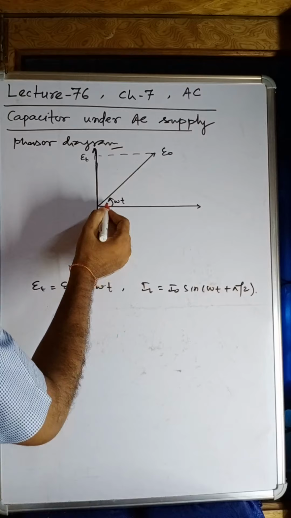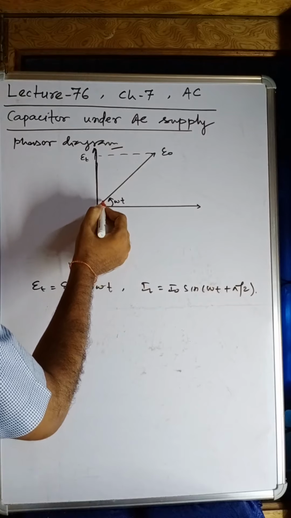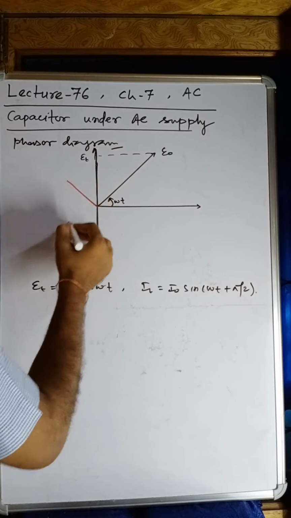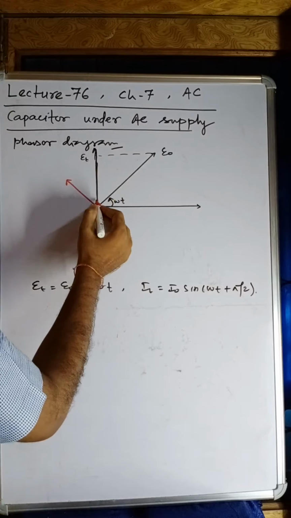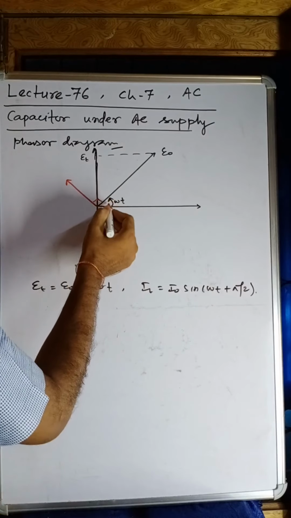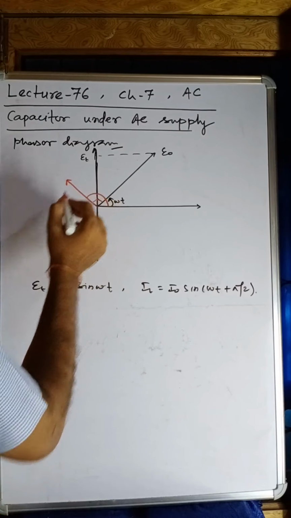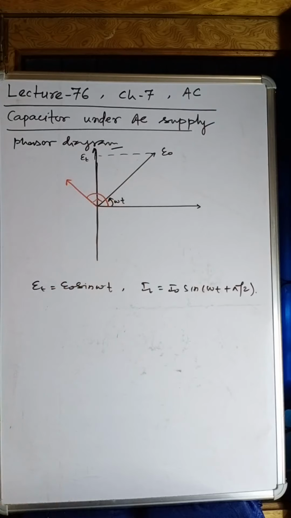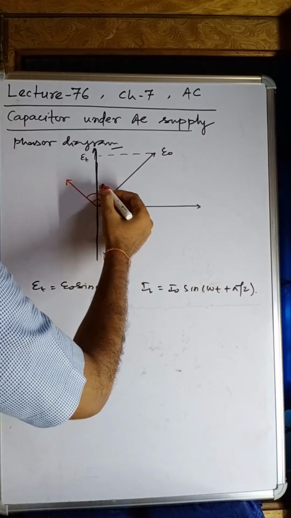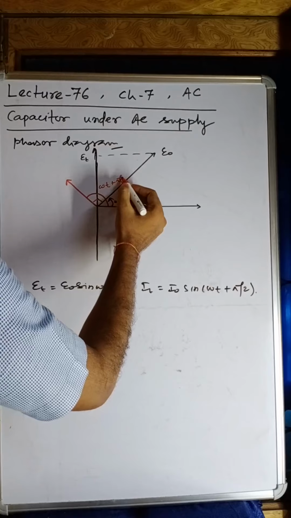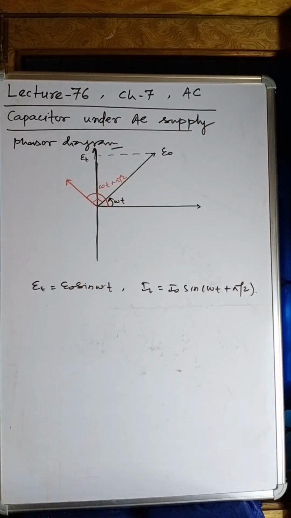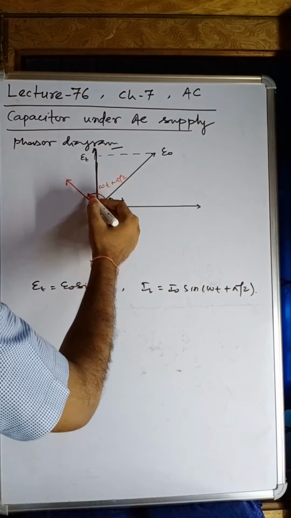It means it will rotate with omega t, but it will go ahead by pi by 2. If this is pi by 2, this entire angle will be omega t plus pi by 2. I hope you understand.